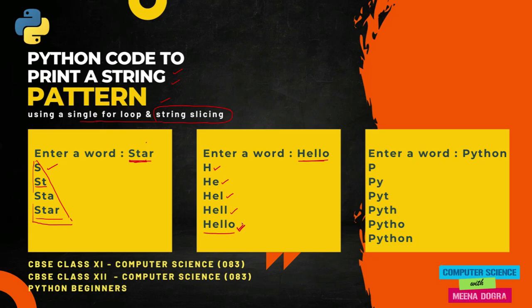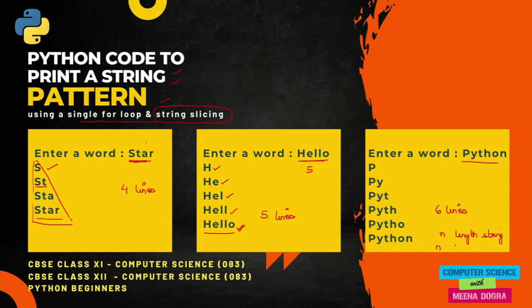Obviously, if the length of the string is 5, we'll have 5 lines of output, and if the length of the string is 4, we will have 4 lines of output, and if the length of the string is 6, we'll have 6 lines of output. In general, for a string of length n, we will have n lines of output.